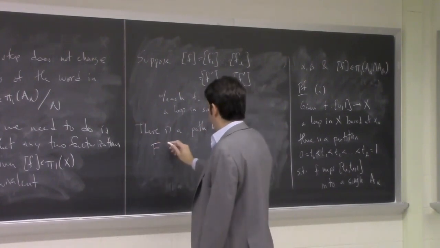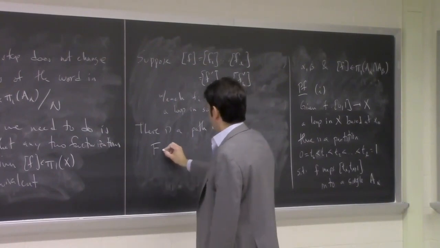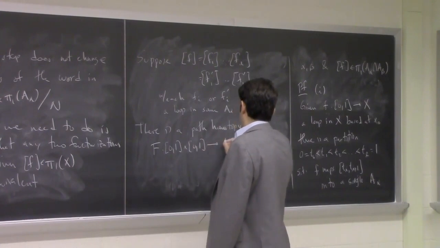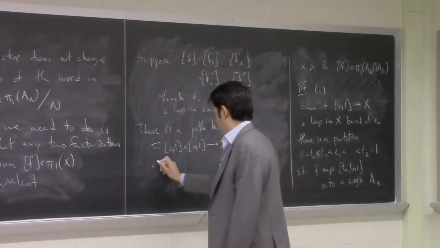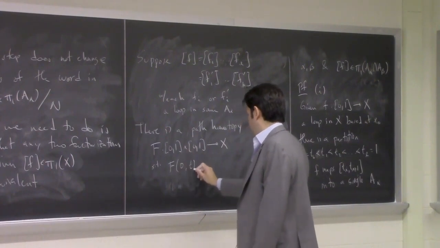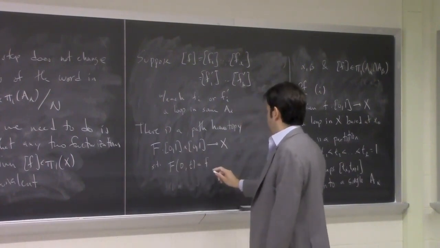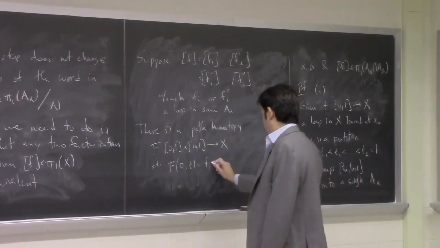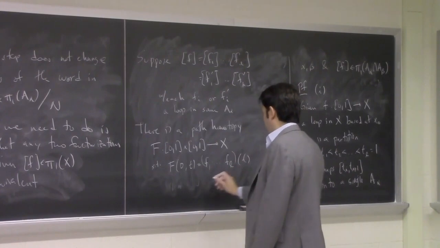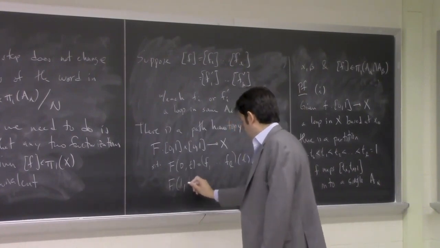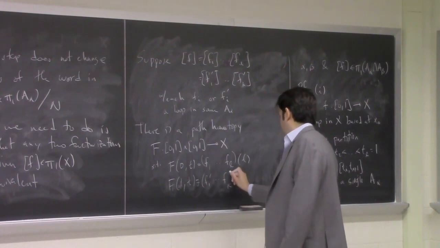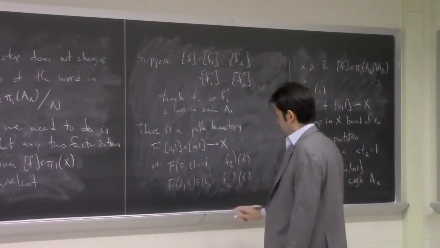Take capital F from [0,1] cross [0,1] to X such that F(0,t) is equal to f_1 dot f_l at t, and F(1,t) is equal to f_1 prime dot f_k prime evaluated at t.